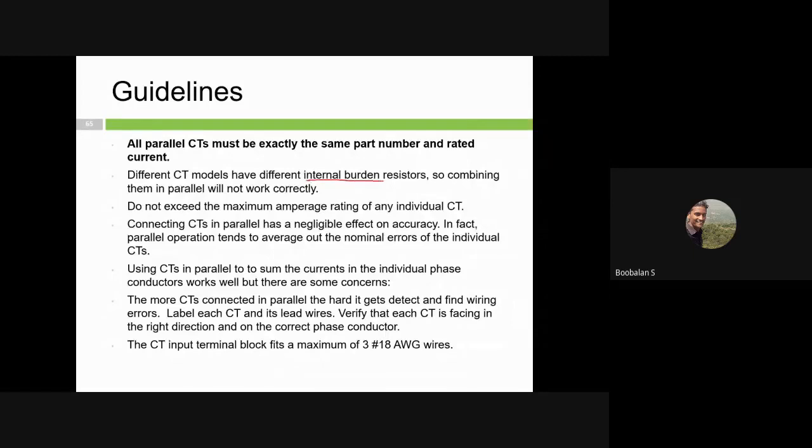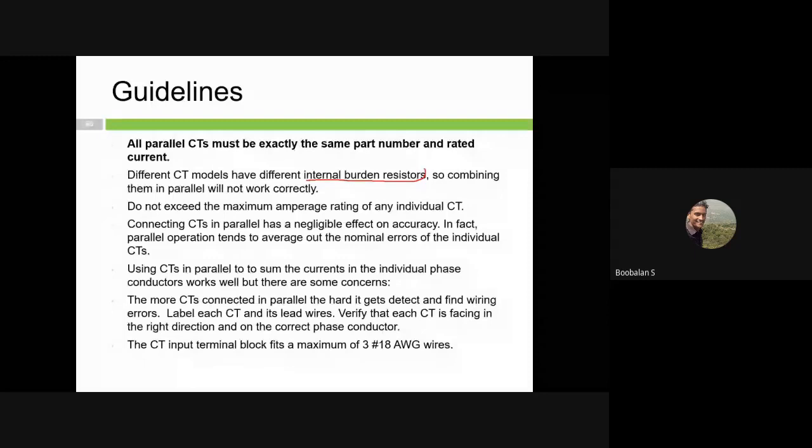For a different meter, it will have a different burden rate. So if I connect in parallel and choose meters with the same burden rating, it will be very easy. But if I choose meters with different burdens, the result will be somewhat improper.